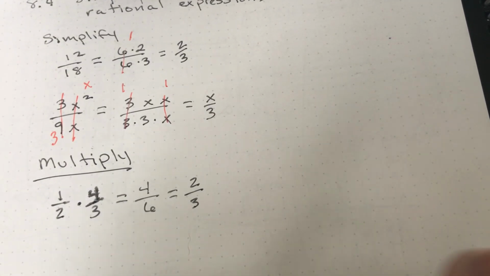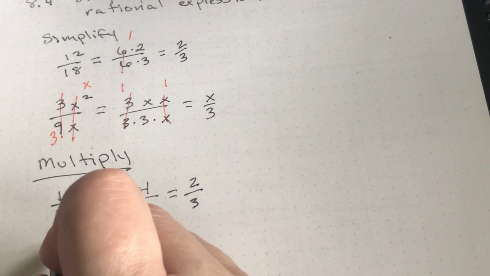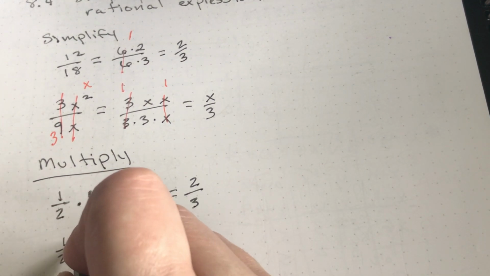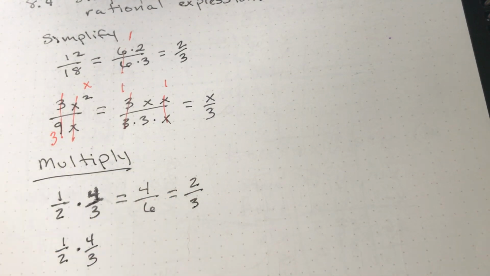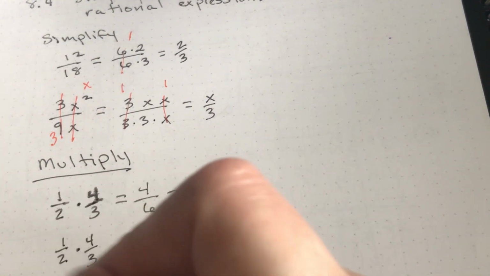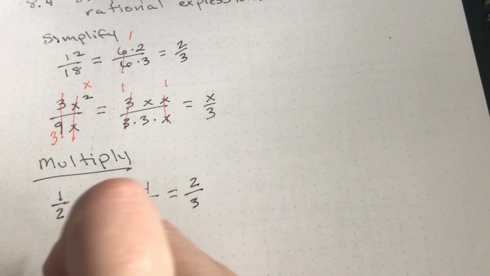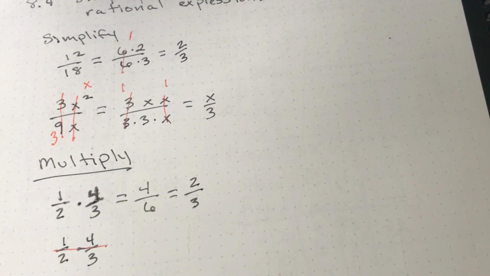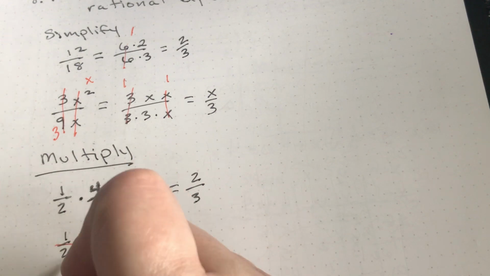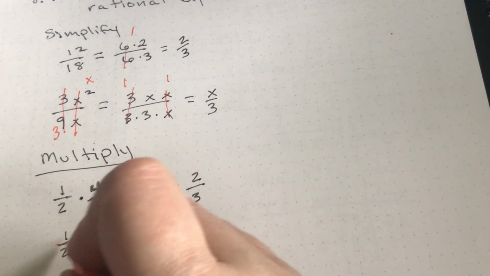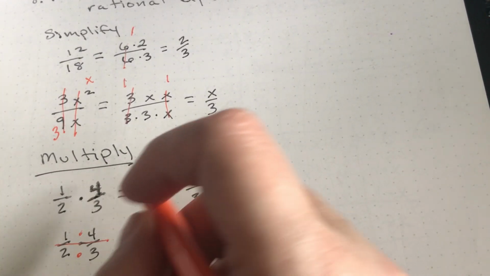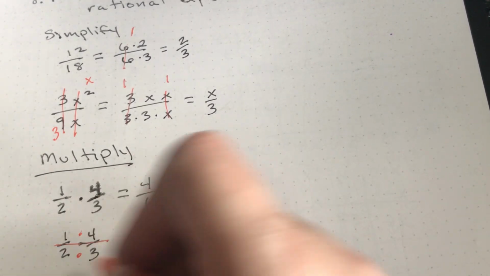Now, thinking about this whole idea that we're going to be using more complex things and wanting to simplify first, I can also, so this is the same problem, I can also cross cancel. So if we think about this, because it's multiplication, really it's just like one giant fraction, right? And so I can cross out things from either side.